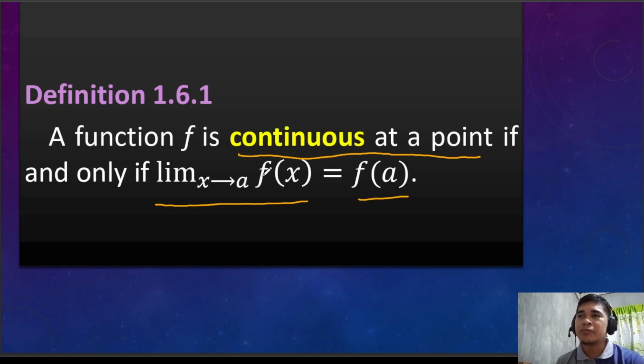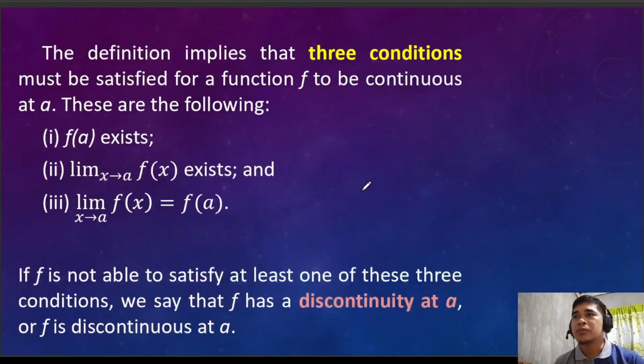Meaning, the limit of f of x as x approaches a is the same as f of a, they are the same number or result. So, we have these three conditions. Take note, these are what we must remember. Three conditions must be satisfied for a function f to be continuous at a. So, there are three things to remember so that we can see that it is continuous at a.